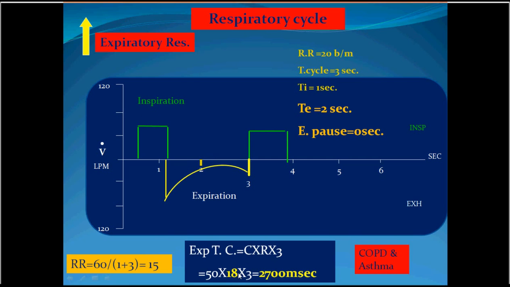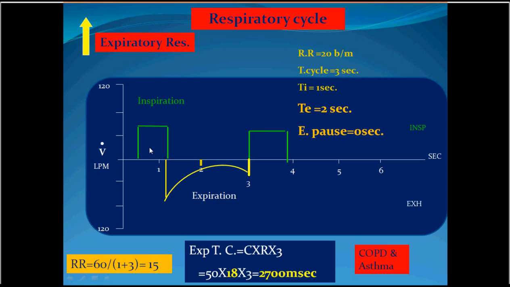The problem here is that the 3 time constants required for the exhalation of this tidal volume are about 2.7, say 3 seconds. And here the rate is the same, 20, so the duty cycle is 3 seconds.